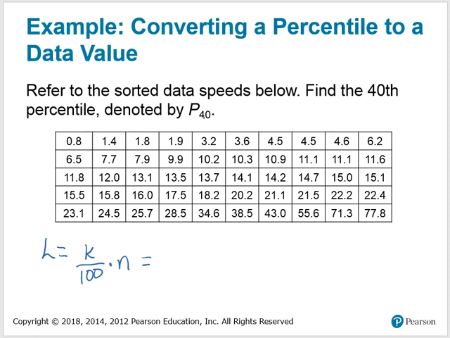So it's asking us the 40th percentile, so K is 40. N is 50, so 40 over 100 times 50, so that is 0.4 times 50. 0.4 times 50 is 20.